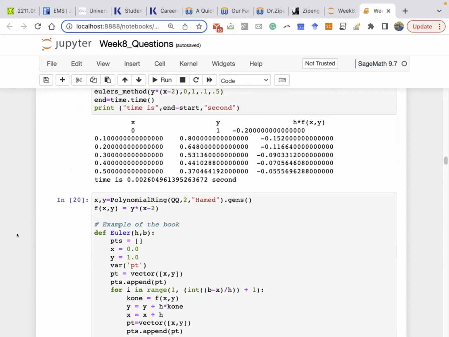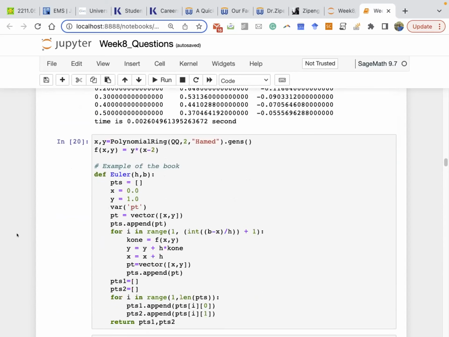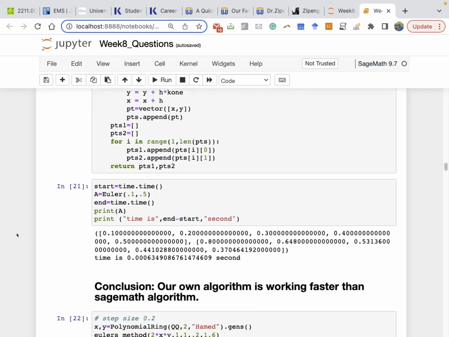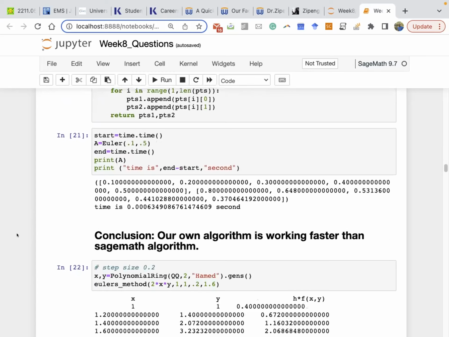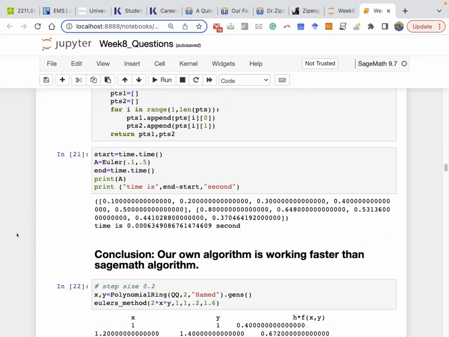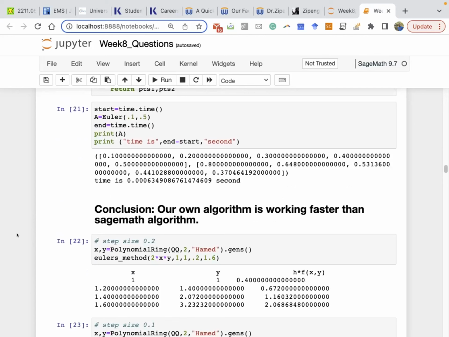Our algorithm is faster than this. If I apply the previous algorithm, the time is still better than the SageMath inbuilt command. It means if we develop our own algorithms, if you implement this algorithm, your work will be faster than whatever is inbuilt in the SageMath.